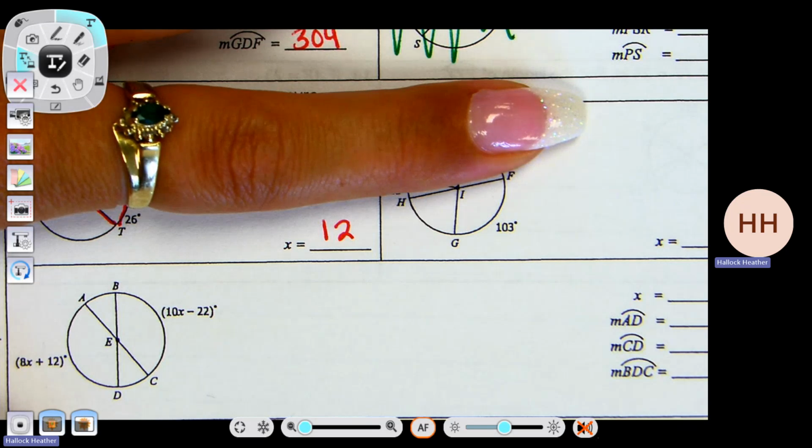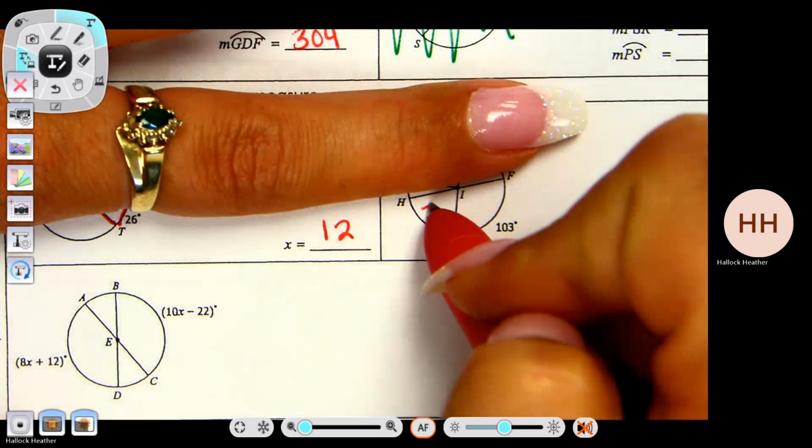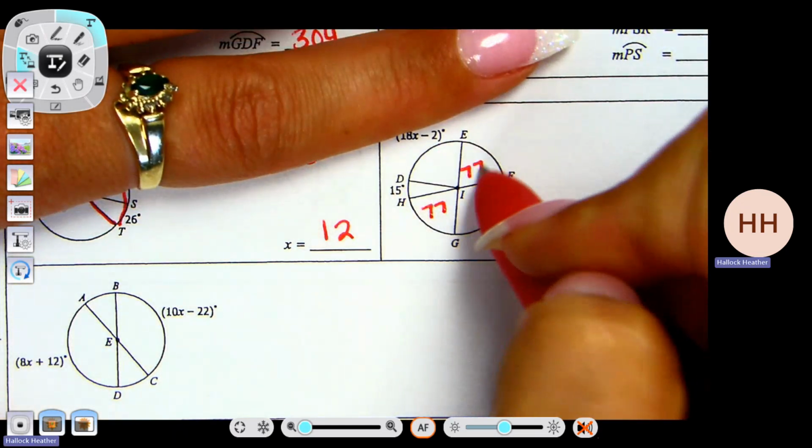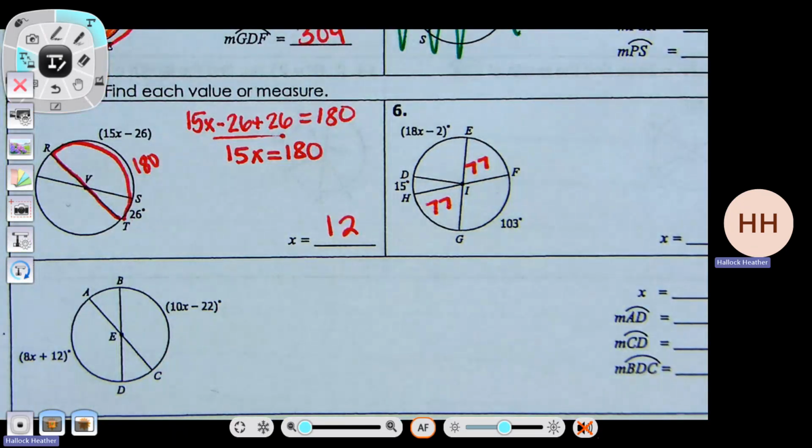Yeah, you could find the missing angles. If I know that half of it makes 180, that's 103. How much is the missing piece? Which makes this 77. Okay, you could do that. It's not necessary.